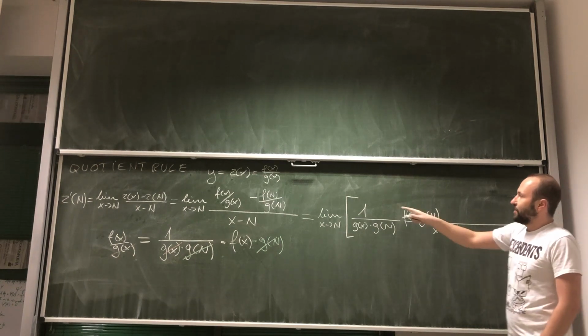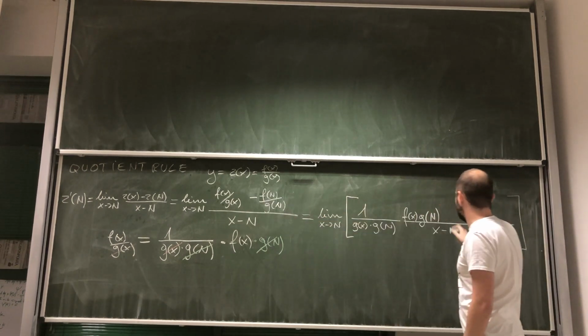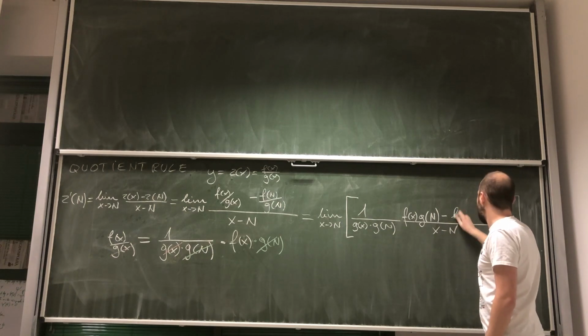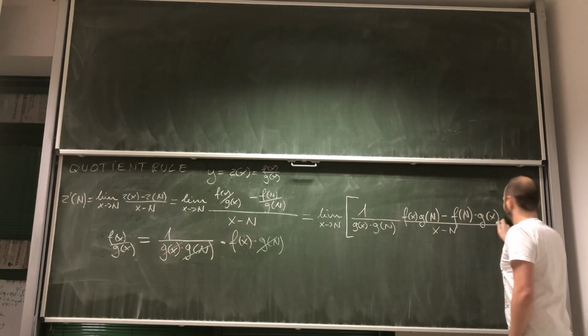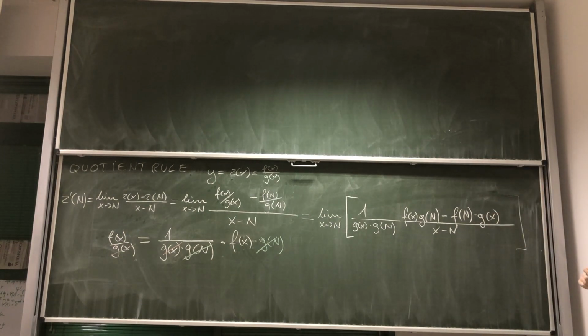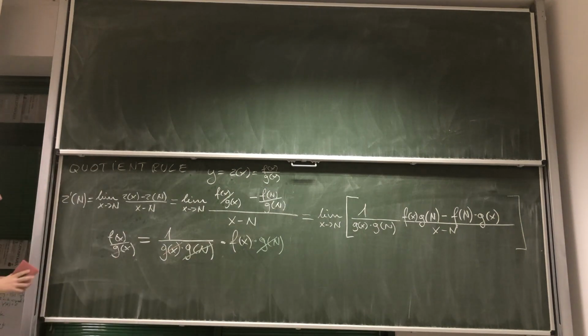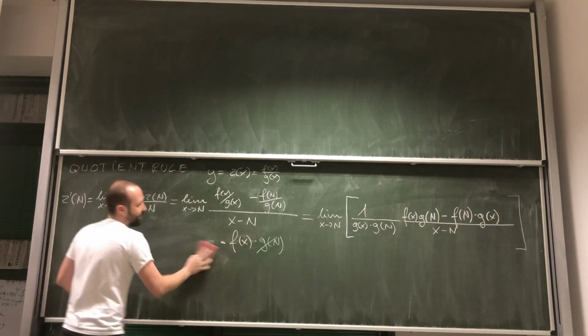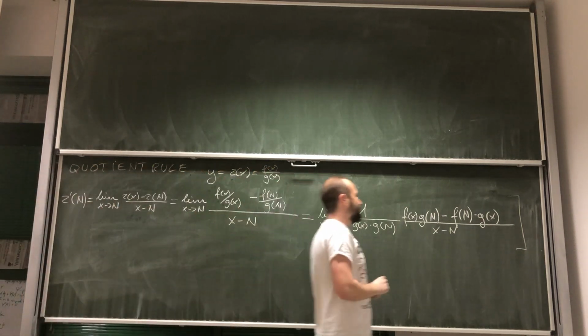And the same reasoning I could have over here. So what would I get? f of n times g of x. Okay, so that is the first step we need to take in order to find this derivative.